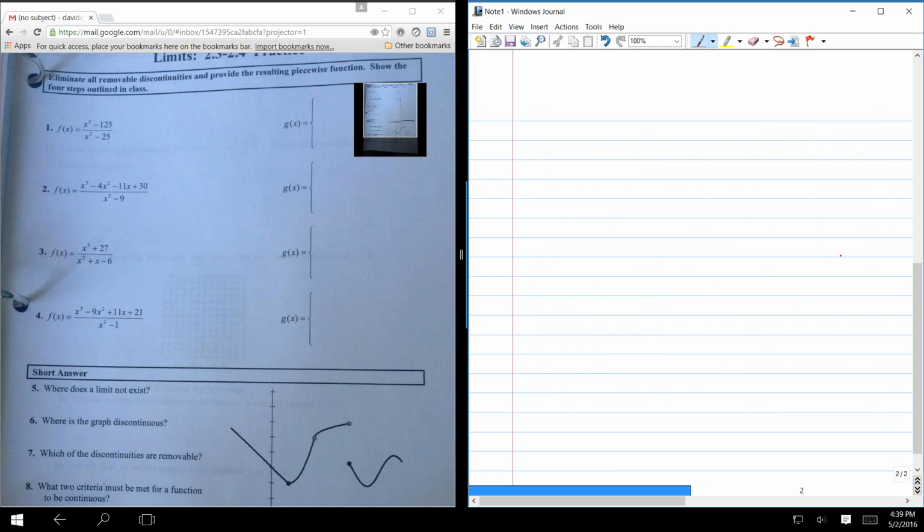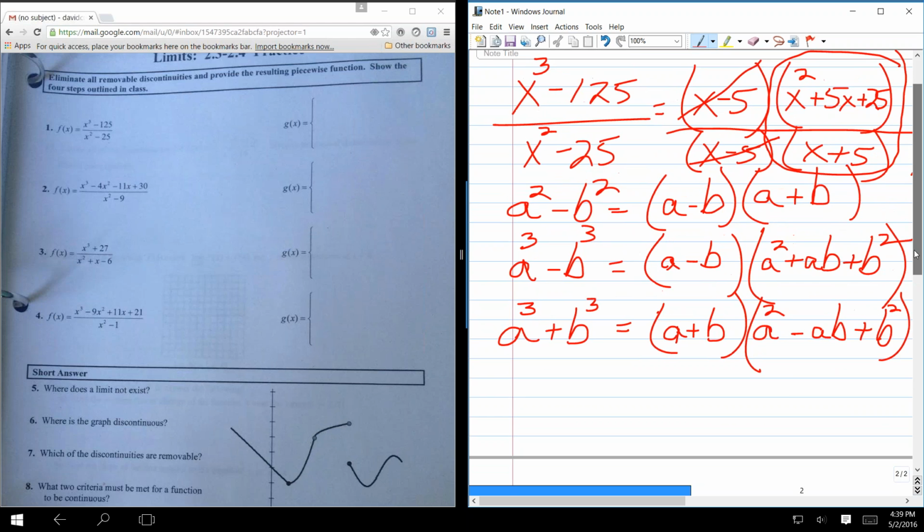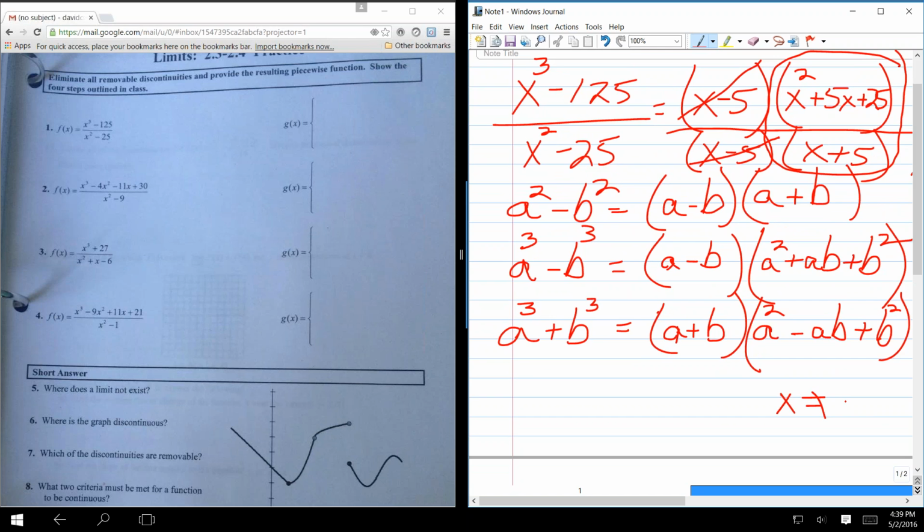So as far as the piecewise function goes, the two things I can start with is that x cannot be equal to minus 5. There's a vertical asymptote there. And x cannot be equal to plus 5, there's a hole there. So the piecewise function that I end up with is going to have a vertical asymptote at negative 5.